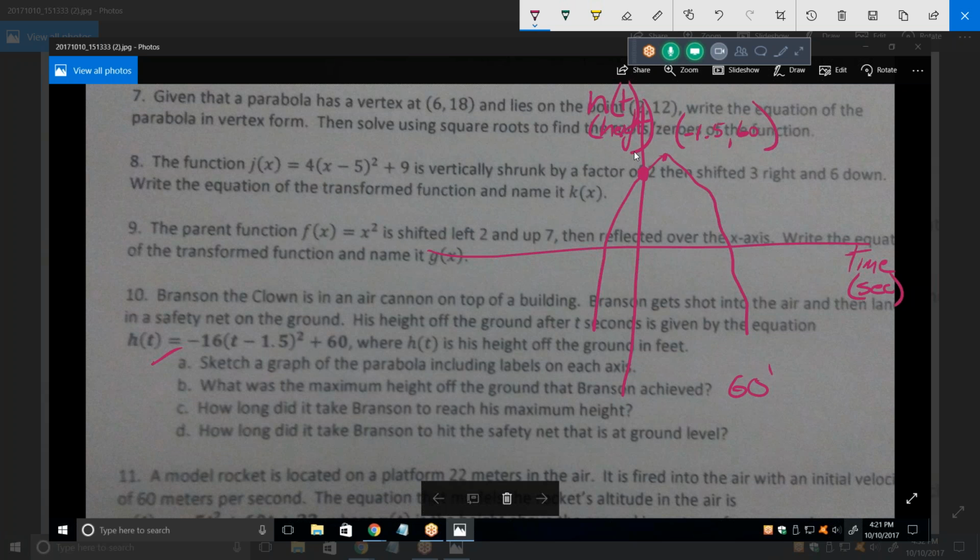Okay. But clearly, he's being shot upwards, just according to the problem, if nothing else. But so how long did it take Branson to reach this maximum height? 1.5 seconds. Yeah, sorry, I put a negative sign there. I didn't mean to. That's correct.